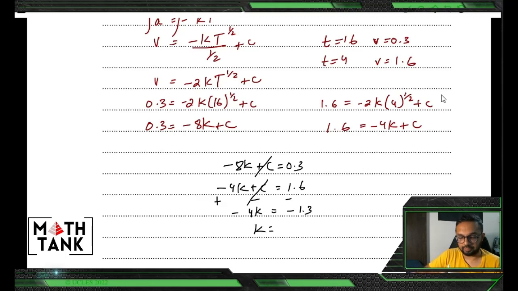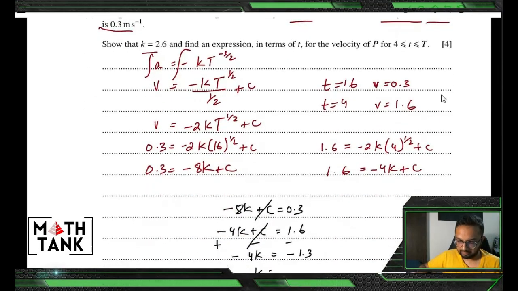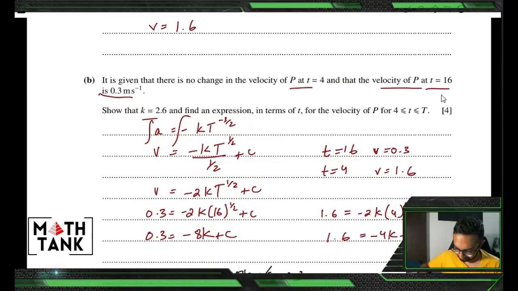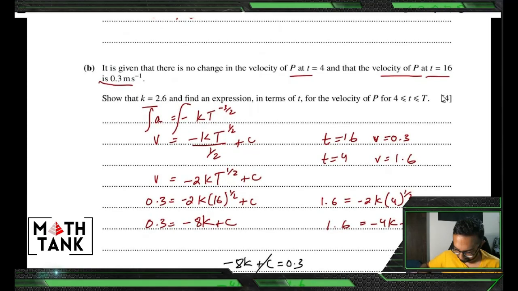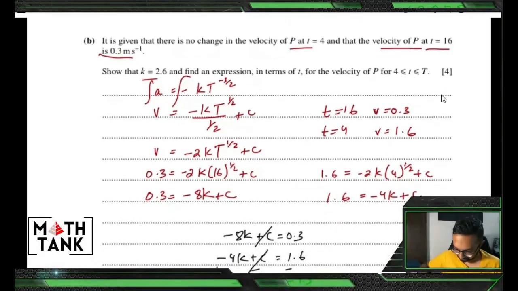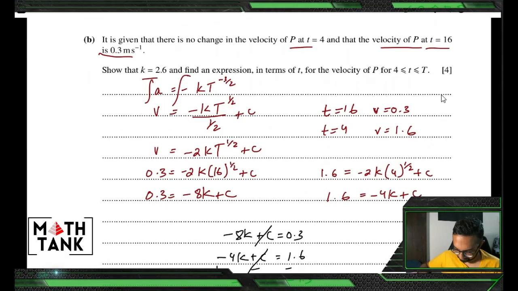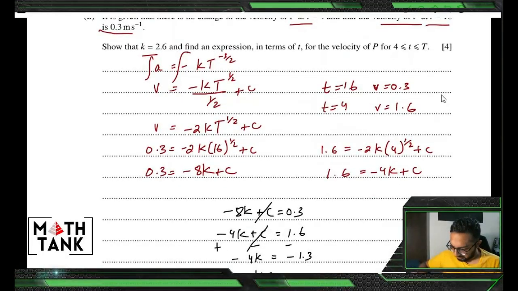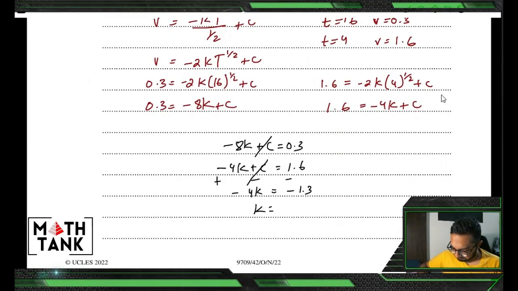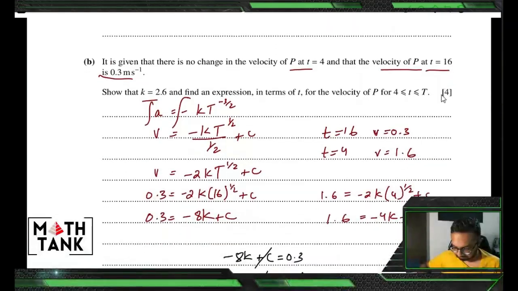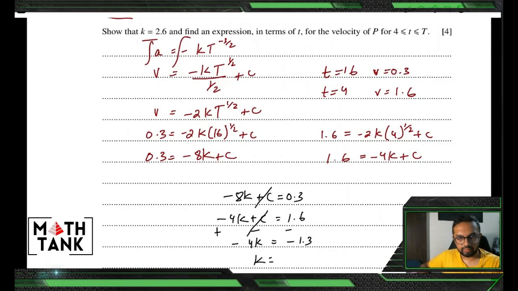K is therefore 1.3 divided by 4. It's not 13 over 40. No, I seem to have made a mistake somewhere. Let's quickly check. I don't seem to be spotting a mistake.